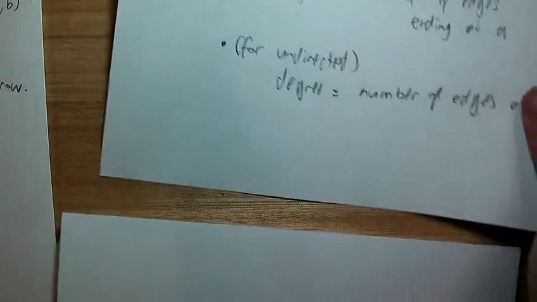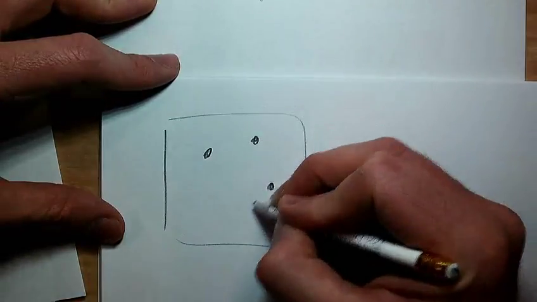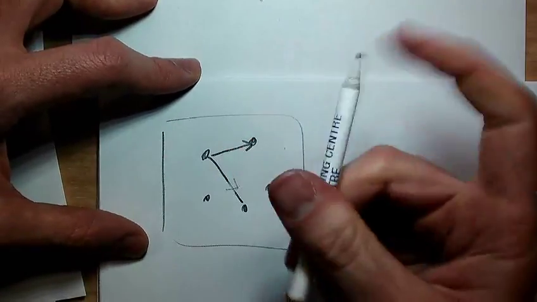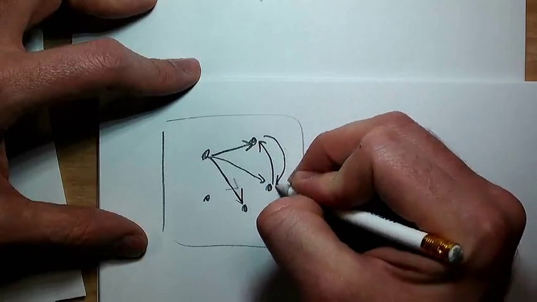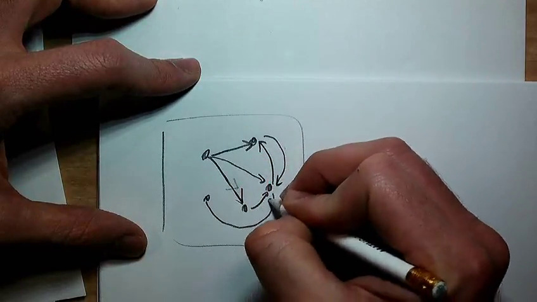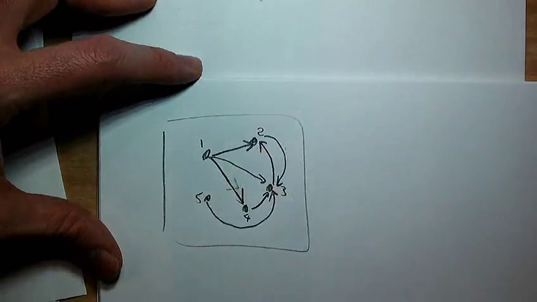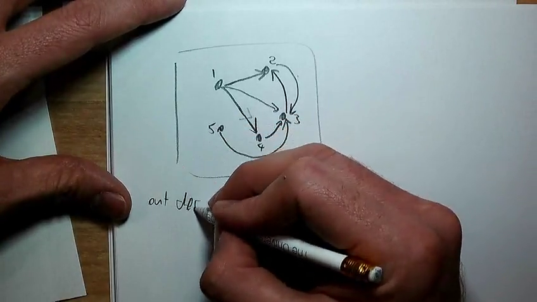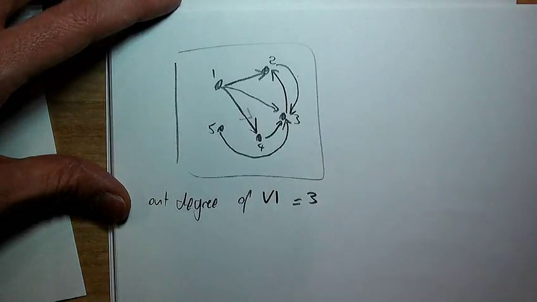So as an example, in this directed graph, one, two, three, four, five. The out degree of vertex number 1 is 3.